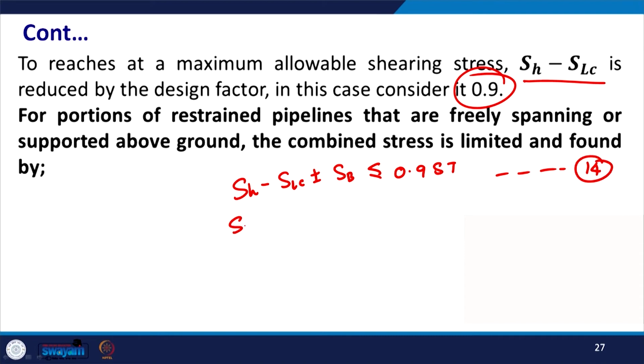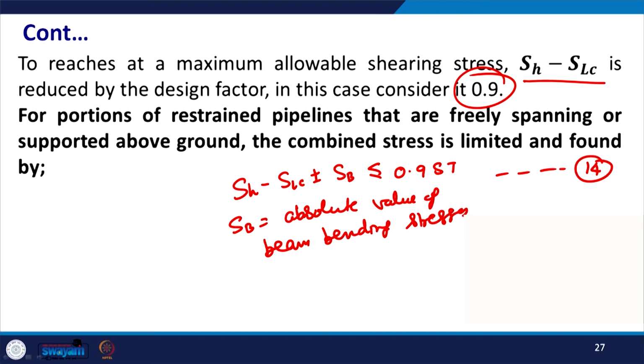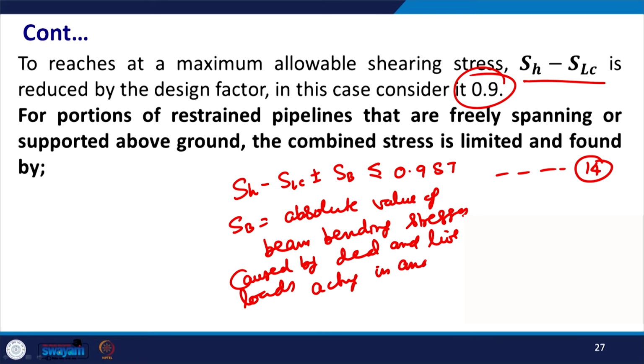Now, where SB is equal to the absolute value of beam bending stresses caused by dead and live loads acting in and out of plane on the pipe.